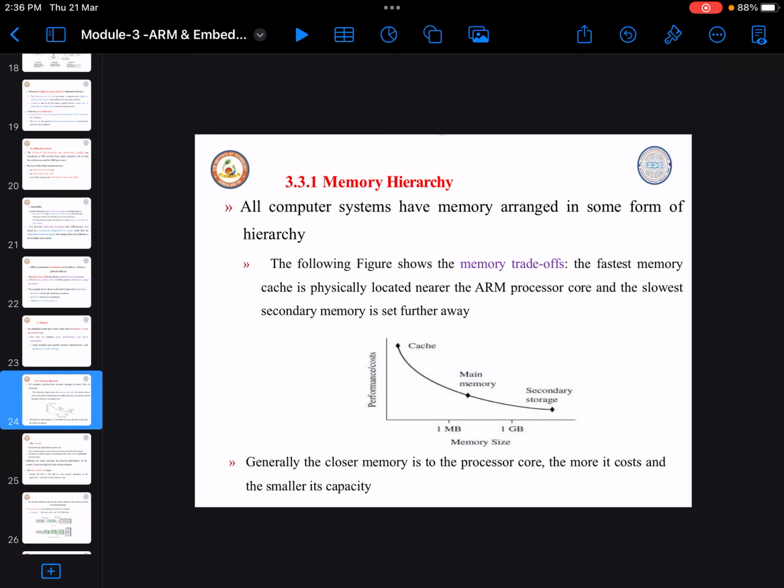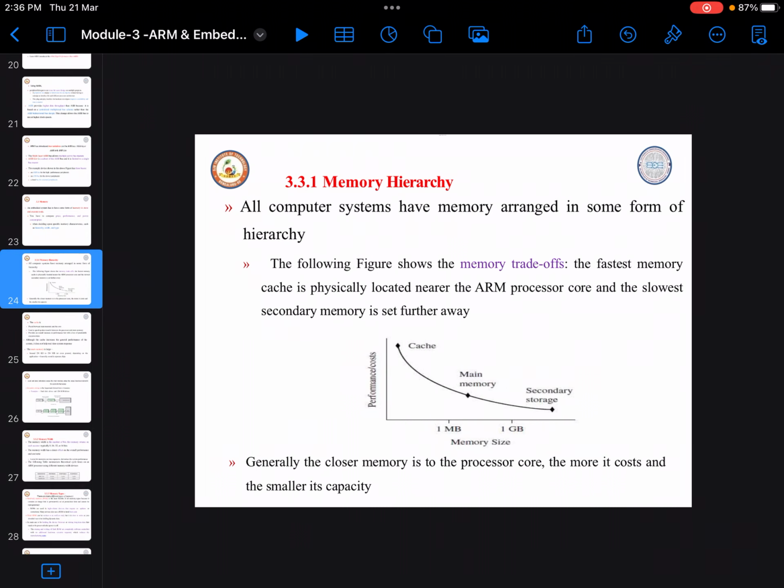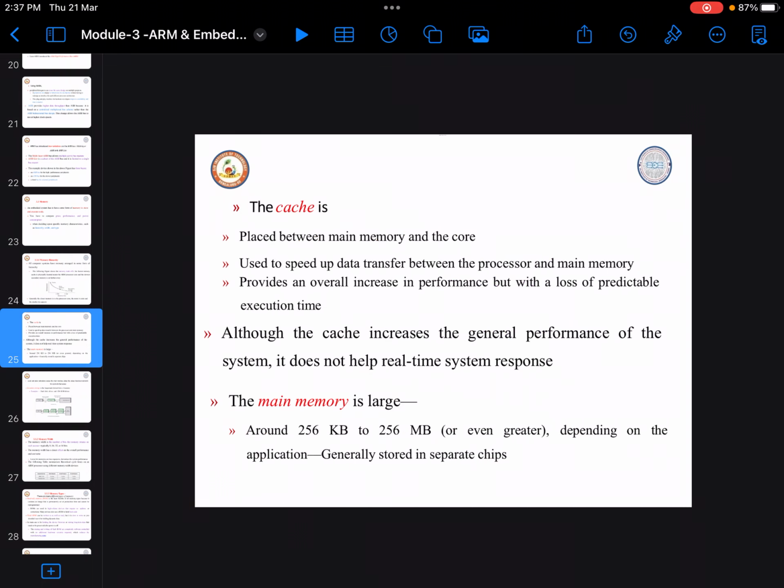The diagram indicates the fastest memory is the cache memory, but its size is small since the cost is high. Next to cache is the main memory, then the secondary storage device. The slowest memory is the secondary storage device, but its cost is less and you can have high data storage.